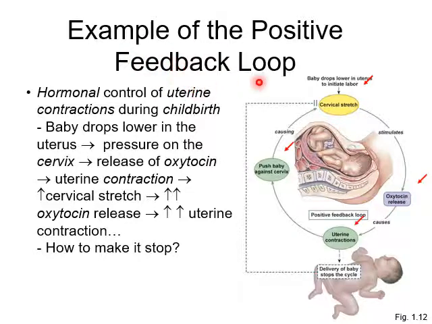Once the egg is released, that loop is shut down. But these are non-homeostatic. Negative feedback loop, homeostatic. Positive feedback loop is non-homeostatic. It amplifies the stimulus instead of turning the stimulus on or off to keep it within a certain range.